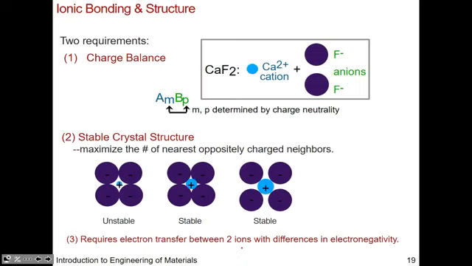In terms of ceramics, we'll talk about ionic and covalent bonding. Here I put or, but sometimes they can also be and. And so we'll talk about that. In terms of ionic bonding, the two requirements, actually 3, are that you need charge balance. So we talk about this transferring of electrons from the cation to anion, and that's great, but you need to transfer the same amount, right? So there needs to be charge balance. The example that you see here is calcium fluoride.